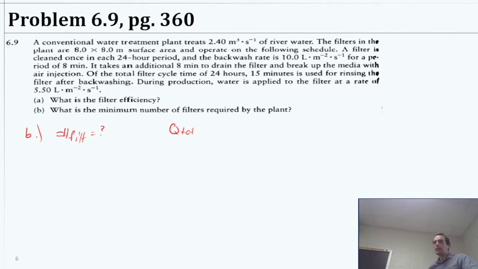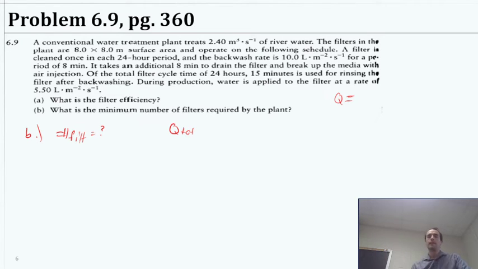Anytime we have a flow, in cubic meters per second, which will be convenient units, we can describe that as a loading rate times the surface area that we're loading.